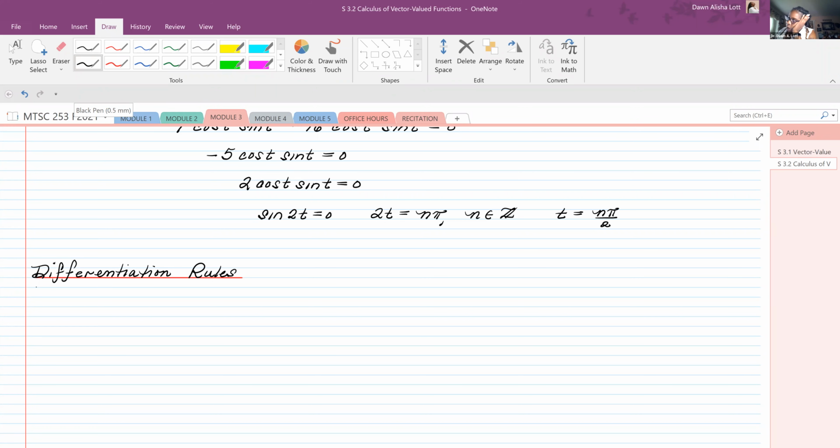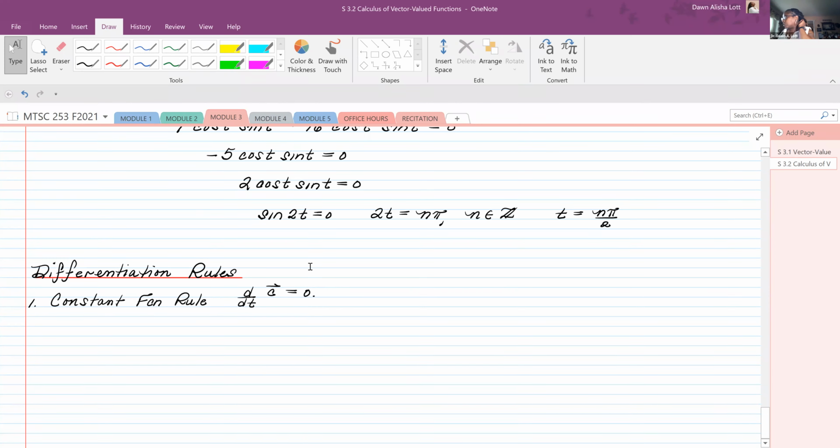The first is the constant function rule. That says the derivative with respect to t of a vector of constants is 0.